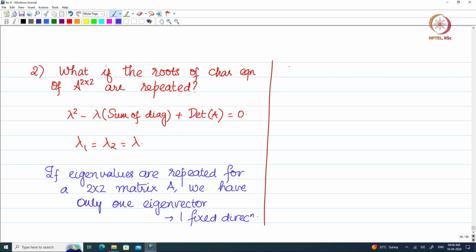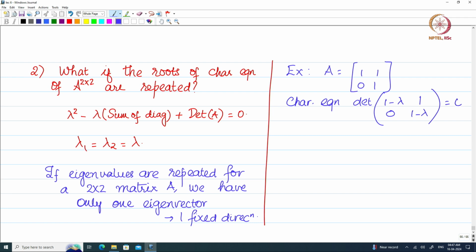Now, where do we see this? We look at this example where I have A equal to 1 1 0 1. The characteristic equation in this case is the determinant of 1 minus lambda, 1, 0, 1 minus lambda is equal to 0.